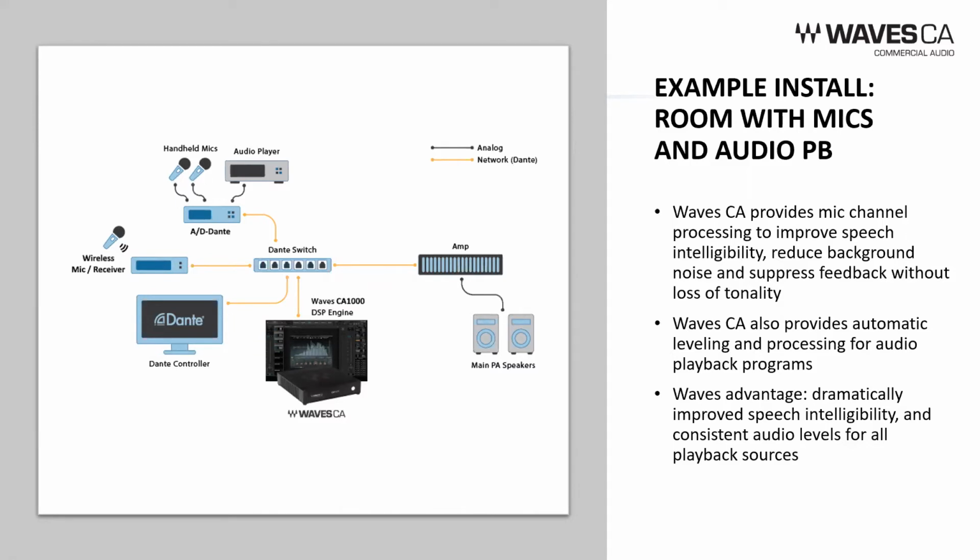What we find is that there's a dramatic improvement in the speech intelligibility, the ability to hear what the person speaking in the microphone is saying, no matter what the type of room size, because of the processing that's taking place in the Wave CA product.